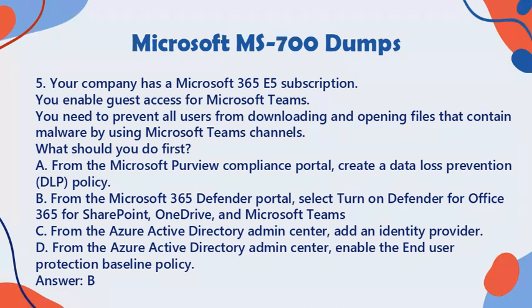B. From the Microsoft 365 Defender portal, select Turn on Defender for Office 365 for SharePoint, OneDrive, and Microsoft Teams. C. From the Azure Active Directory Admin Center, add an identity provider. D. From the Azure Active Directory Admin Center, enable the End User Protection Baseline policy. Answer: B.